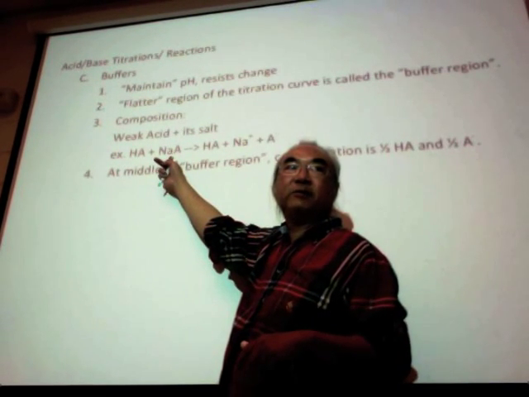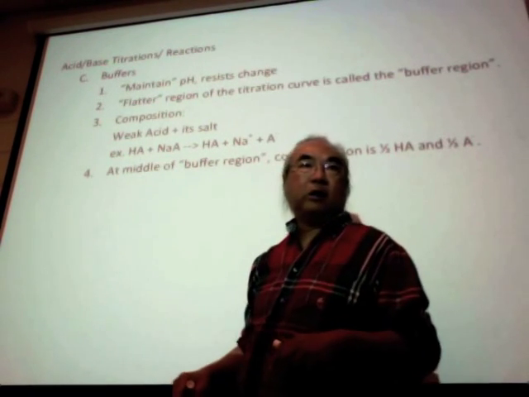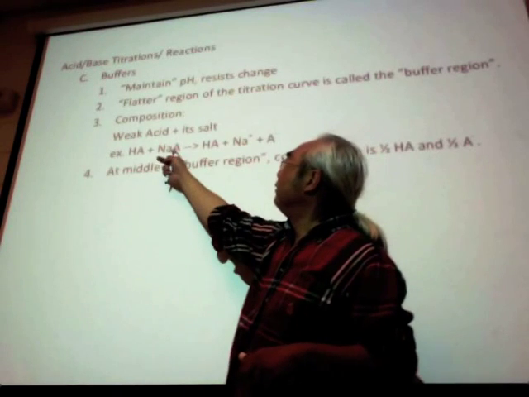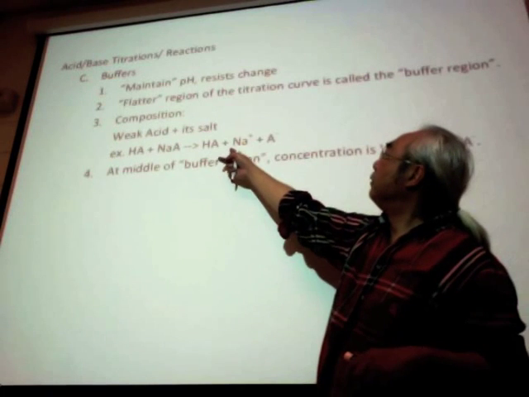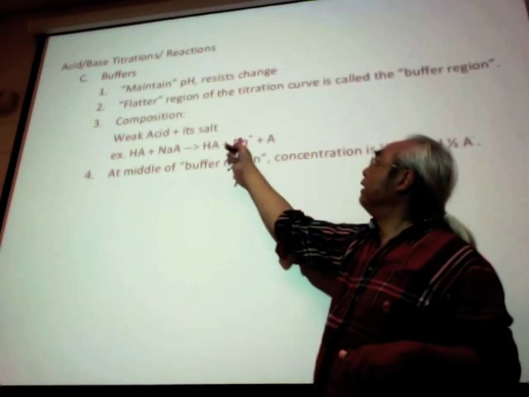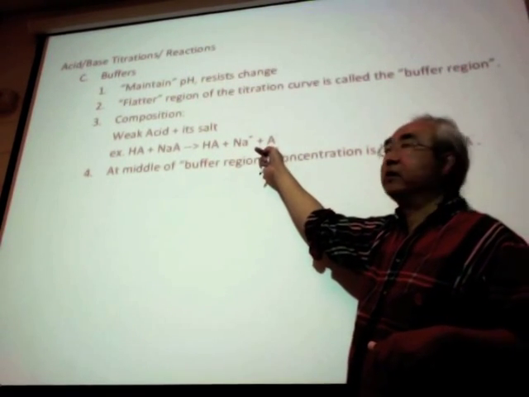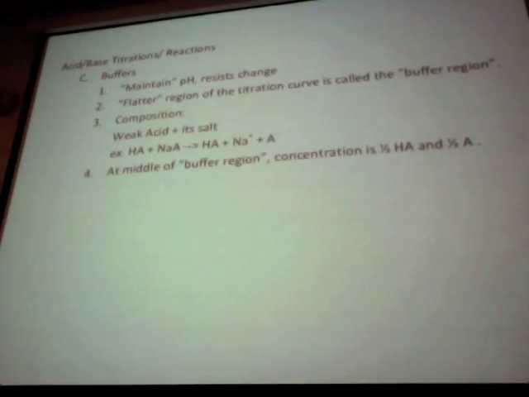It could be potassium or lithium, as long as it is water soluble. This is your recipe so far. Then it will dissolve and generate the acidic component and the basic component. These are the two components responsible for resisting change in pH.